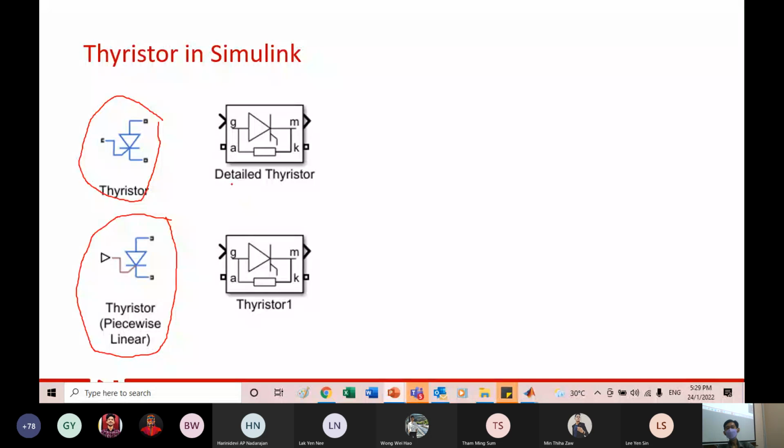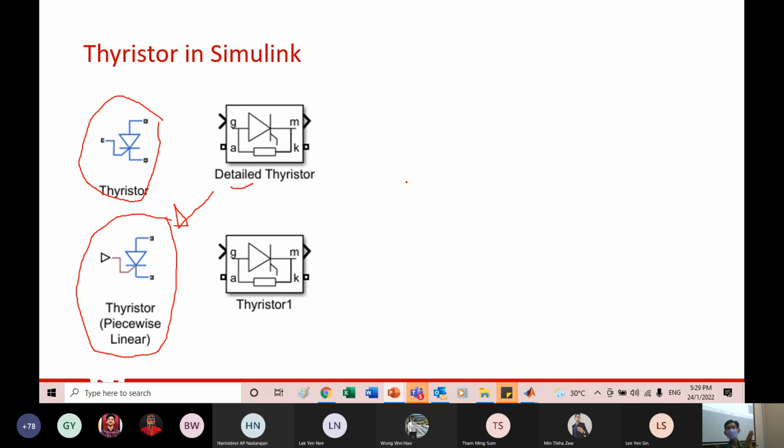These two, even if you call them detailed, to me it's not detailed. It's very similar to this one. The difference is that this one is more towards electronics, and this one more towards power systems. It really depends on what your objective is for doing this simulation.